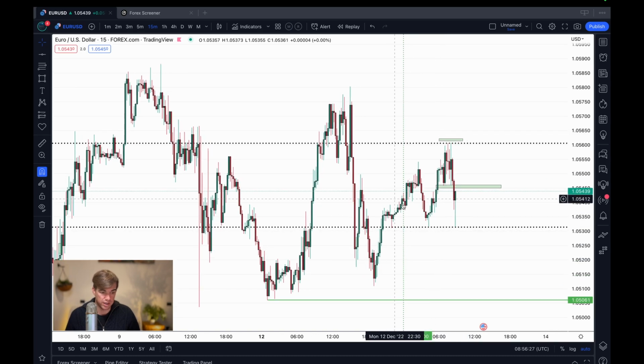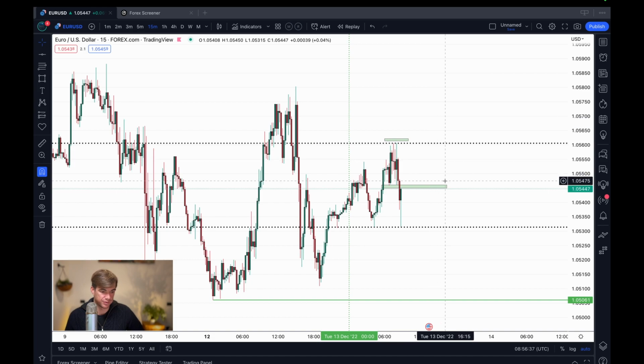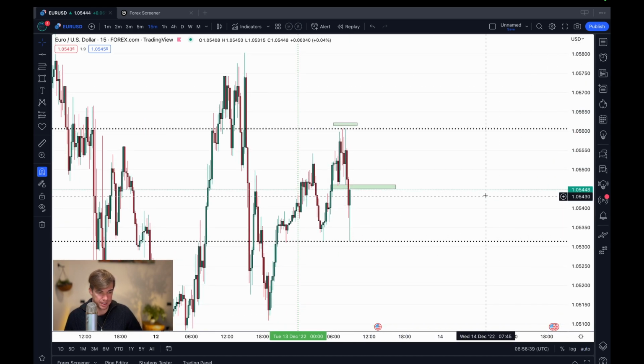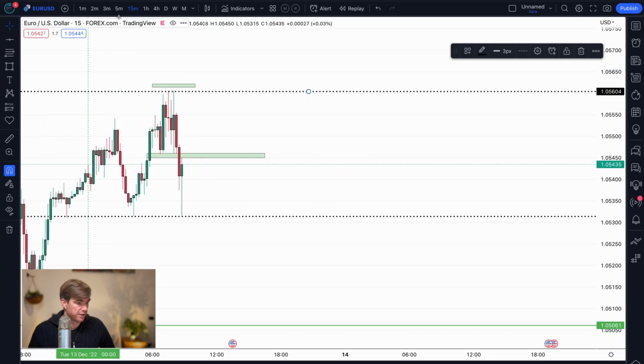So the signs were that the price was going to be accumulating stops and liquidity on the upside before we go towards the bottom daily value gap that I showed you earlier.